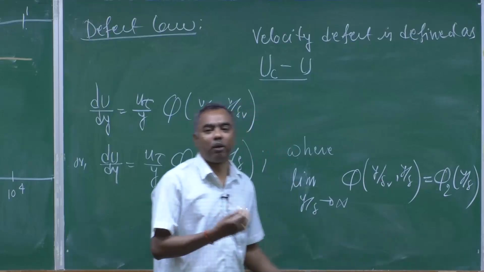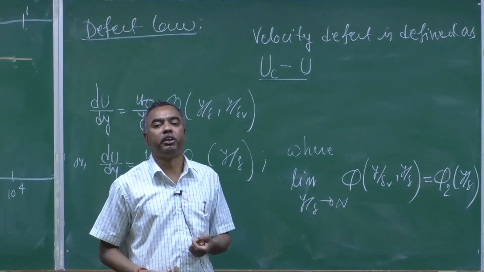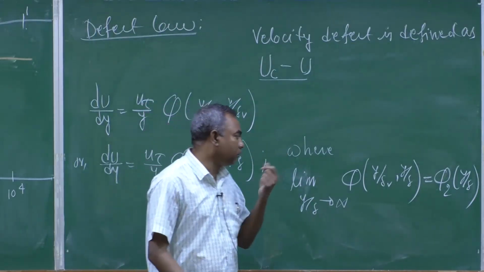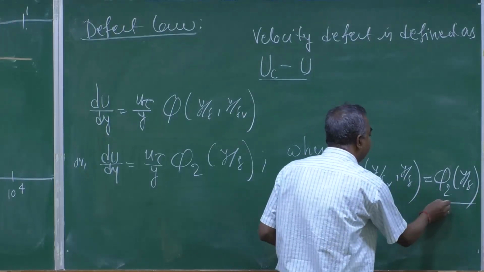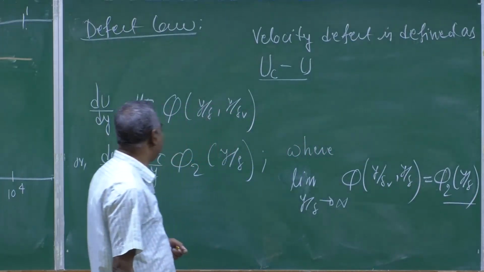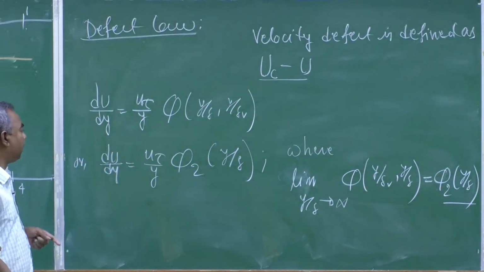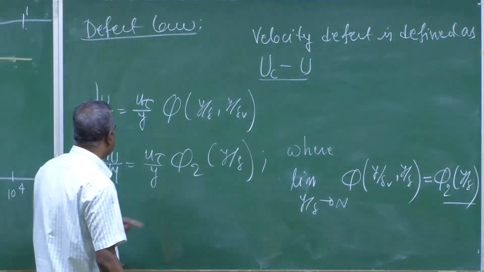So, far away from the wall, the dependence on viscosity is negligible, and we can forget it. This functional dependence can be replaced with the phi 2 function, which is just a function of y by delta. Okay.